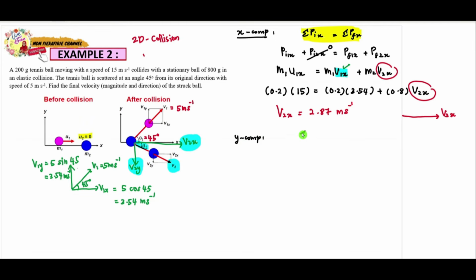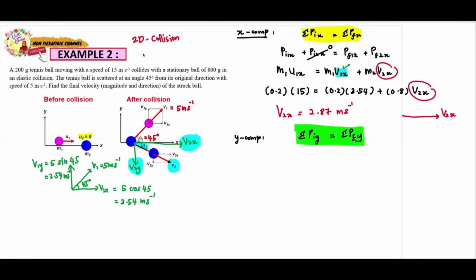Okay, so we have total momentum initial Y equal to total momentum final in Y component. Alright, so saya ambil kali hijau. Okay, so what happen now? Sama juga macam tadi, kita tengok in Y component, kedua-dua objek initially tidak bergerak in Y component. Kan?